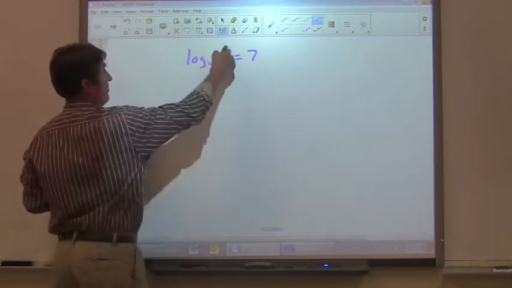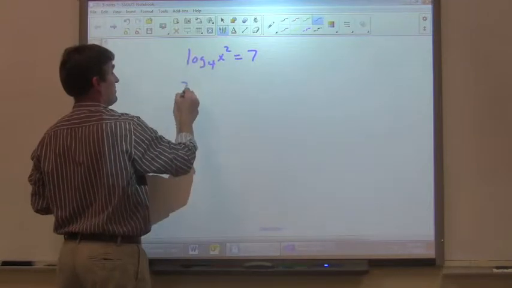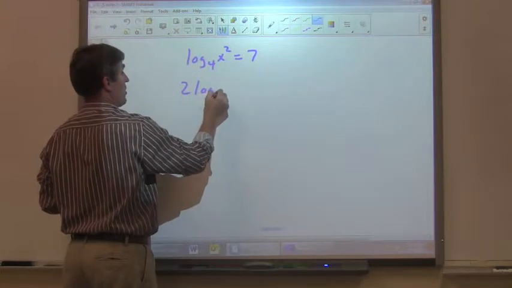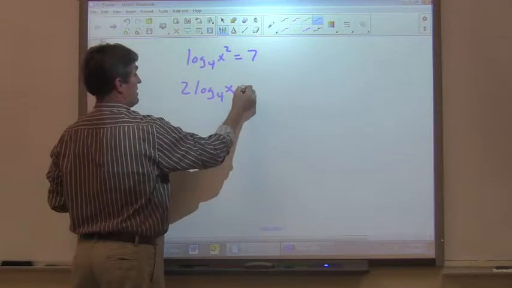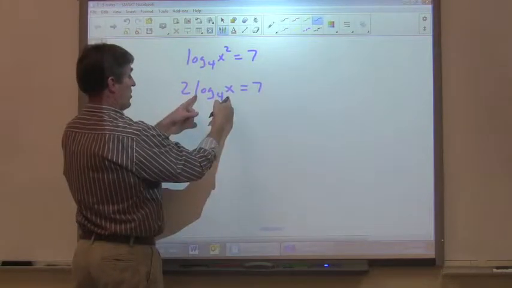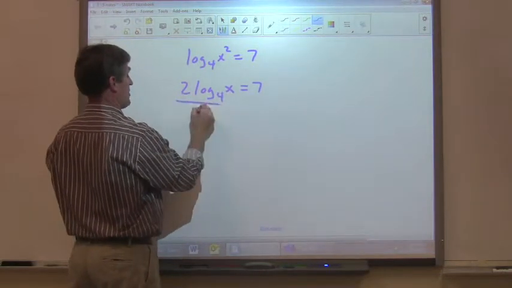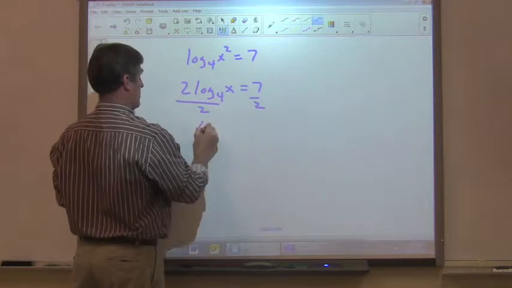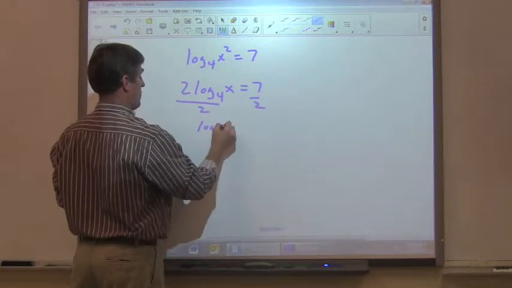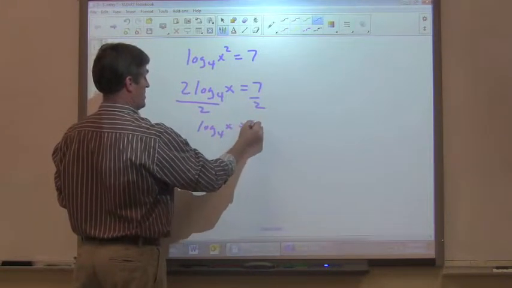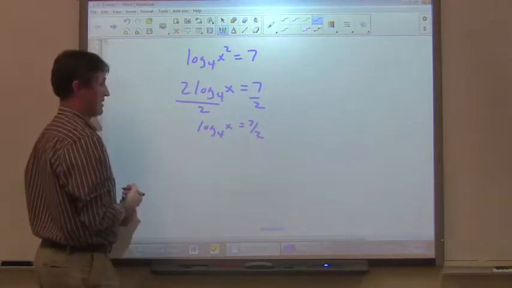So I could bring this variable out front. 2 log base 4 of x equals 7. Get the logarithm by itself, so I divide by 2. So log base 4 of x equals 7/2.